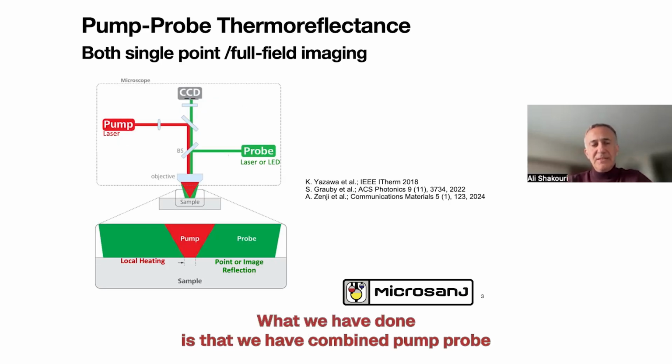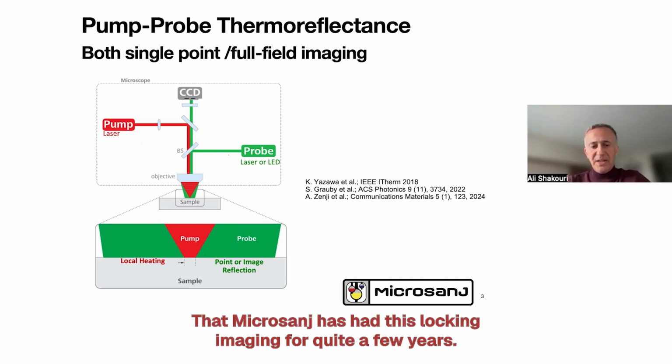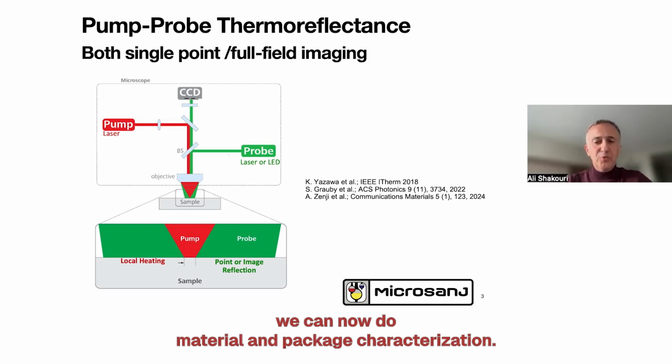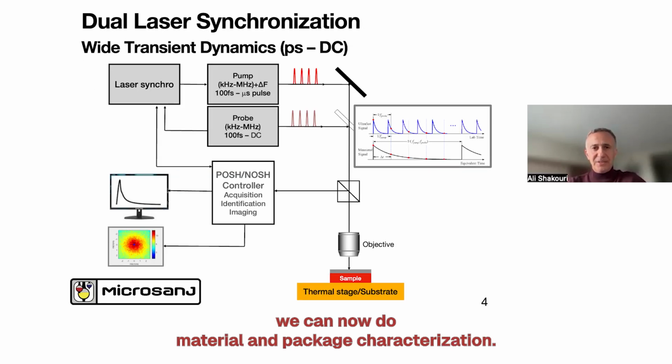What we have done is that we have combined pump probe thermoreflectance, both single point and full field imaging. Microsanj has had this lock-in imaging for quite a few years. We have added a pump laser that creates heating, and by doing this, we can now do material and package characterization.